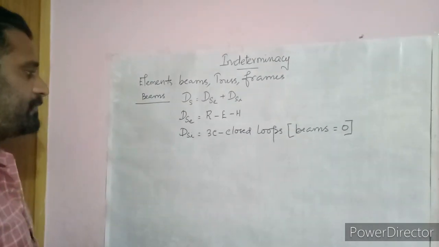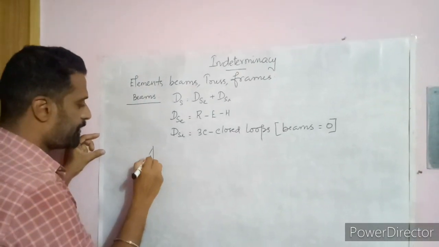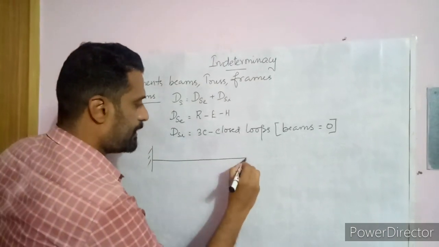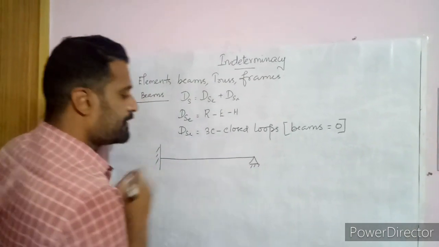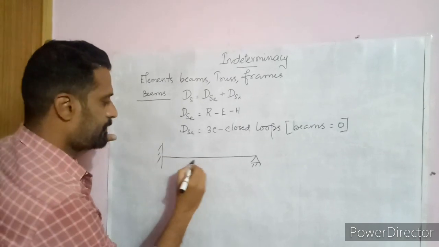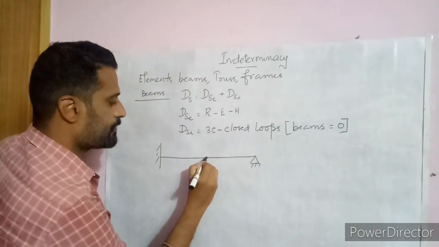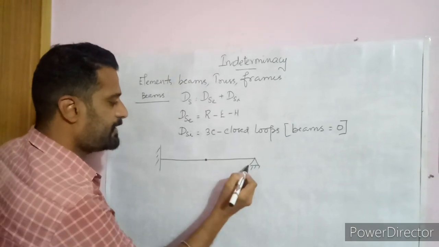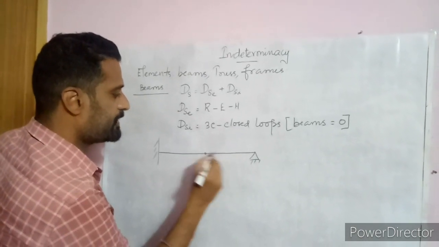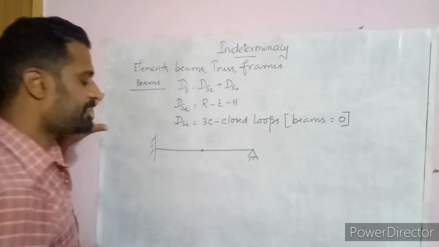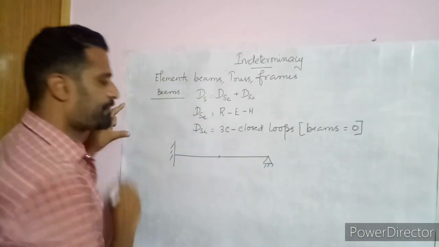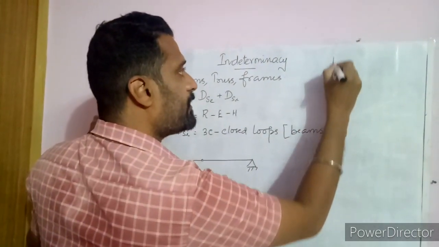Let me now calculate for a problem. You see it's a fixed beam on the left side and there is a hinge and there is an internal hinge. So there is a difference between a hinge and an internal hinge. So this is a simply supported section and this is a hinge section. Okay. So before that, we need to know what the responses are.